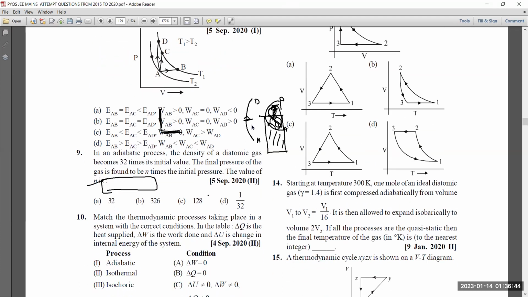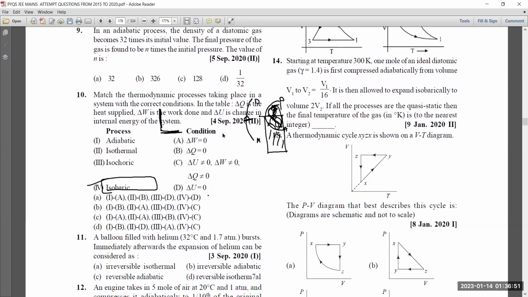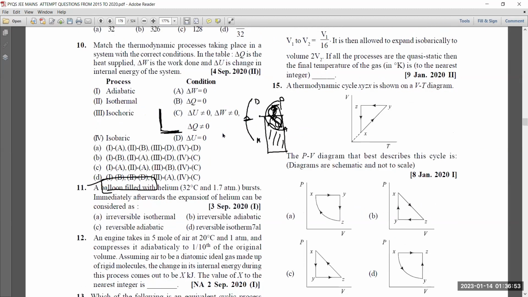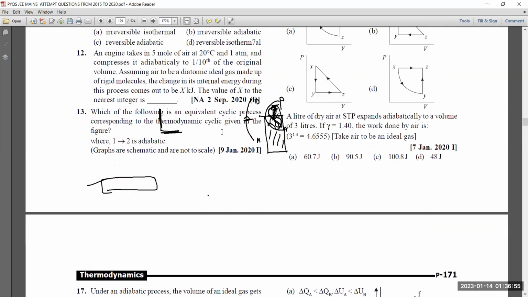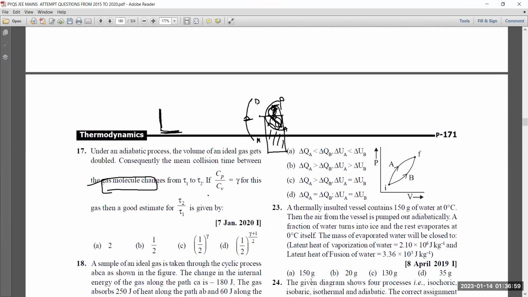I would like to solve some tough question. There was one tough question. I hope you can solve all these graphical questions, right? You can see some unique questions. Question 17, this is interesting.